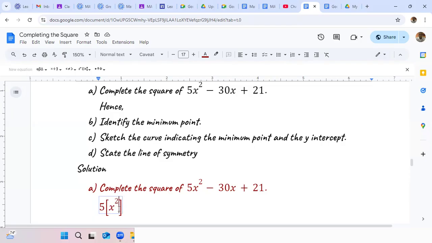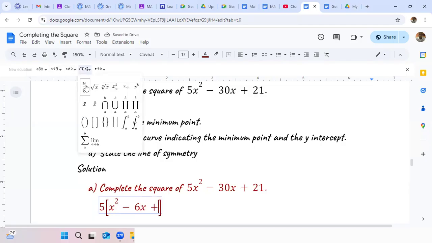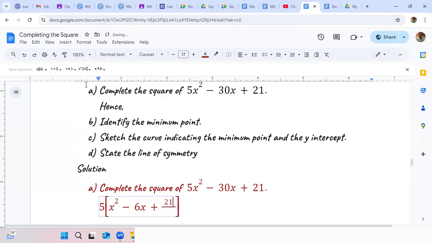So 5 divided by 5 is 1. Negative 30 divided by 5 is negative 6. So we've got negative 6x. And 21 divided by 5. Since 5 is not a factor of 21, we can leave it as 21 over 5. So now we have created inside of that square bracket a quadratic where a is equal to 1, and the entire expression has not been undermined.